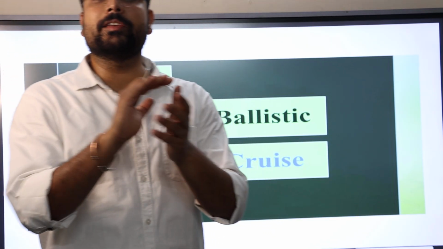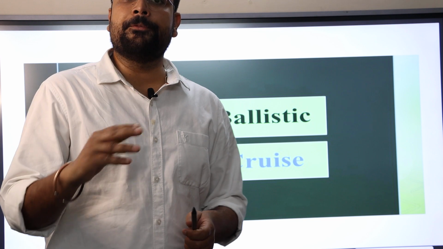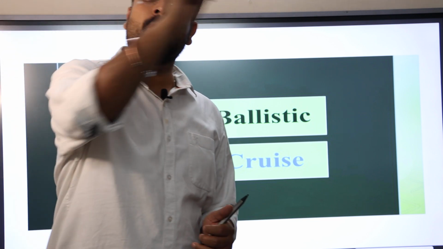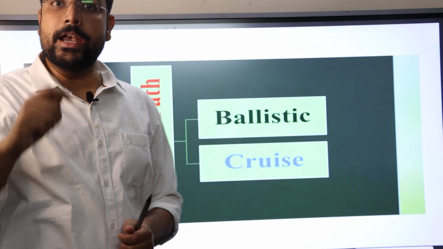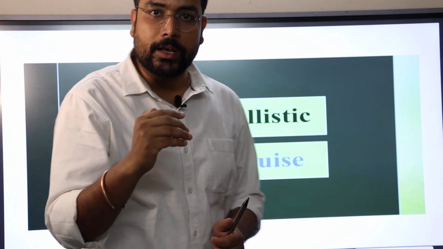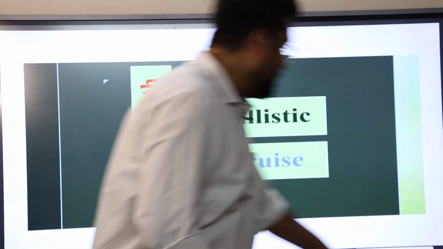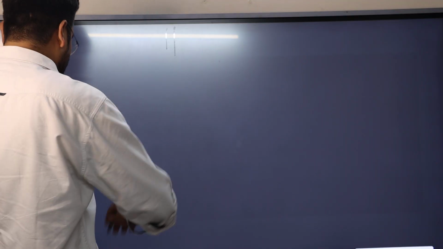As we have discussed in my first video too, if we are going to launch a longer range missile, then it has to follow a parabolic path, and in case of a missile which has a shorter range, it has to follow an elliptical path. This is the basic difference. We will discuss this part in today's video only.